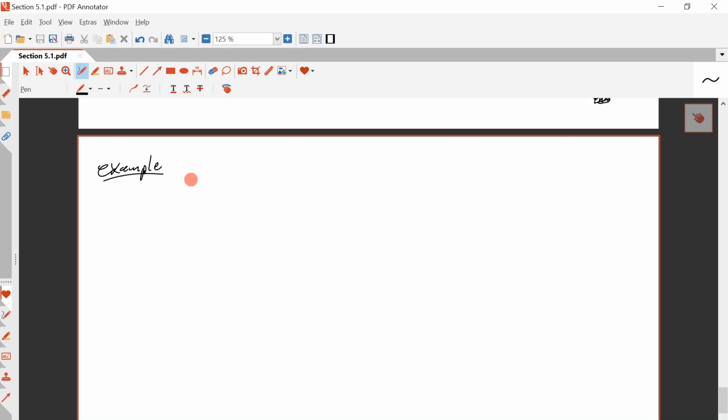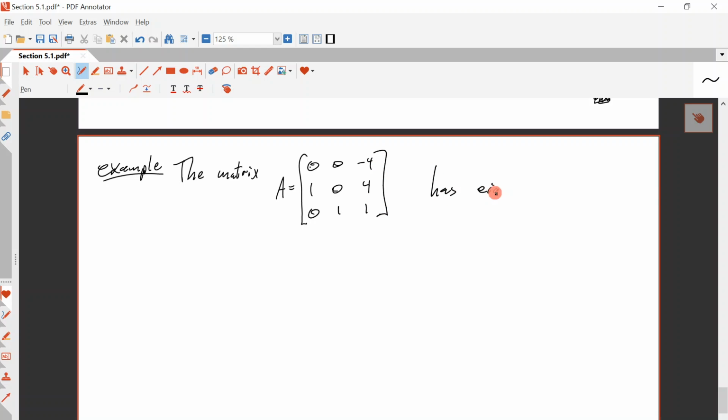Okay, so the matrix A equal to 0, 0, negative 4, 1, 0, 4, and then 0, 1, 1 has eigenvalues 1, 2, and minus 2. So let's find an eigenvector for each one.